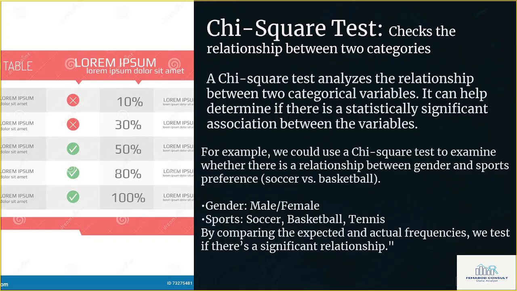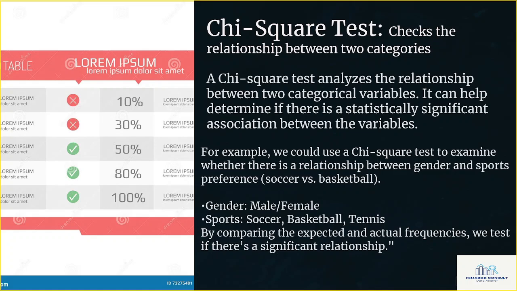So chi-square helps us to analyze the relationship between categories. Let's use a classroom, for example. You want to know the food preferences in a boarding school between male and female, so that you can know how to ration or make alternatives for the different students available.